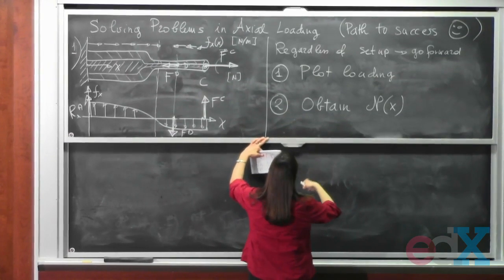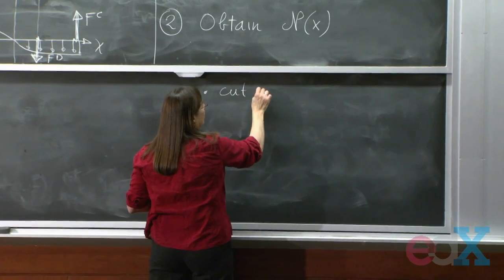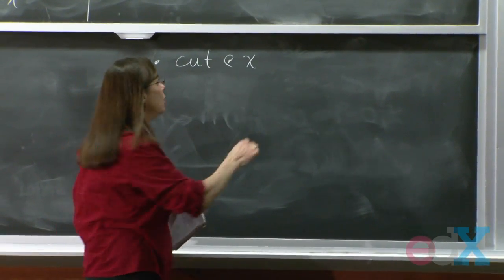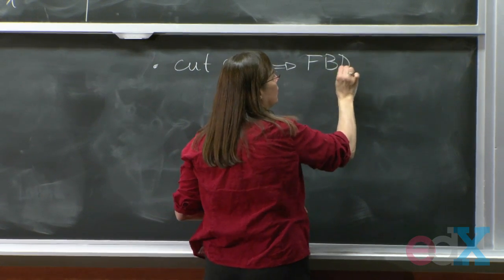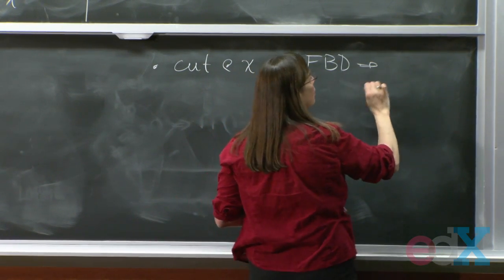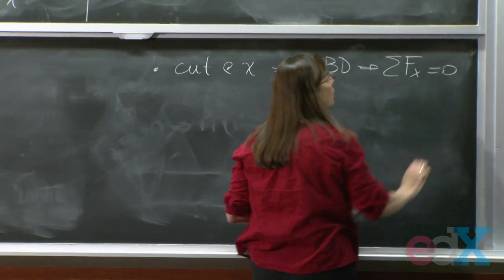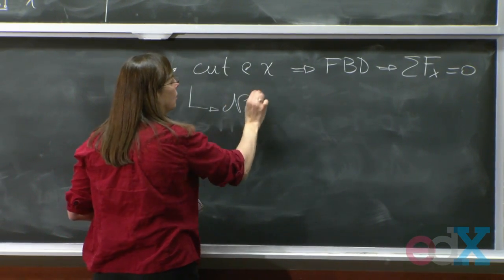But essentially, the step is cut at a generic x along the bar, and then you do the free body diagram. Then you impose that the sum of the forces in the x direction is equal to 0. And out of this, you get N of x.